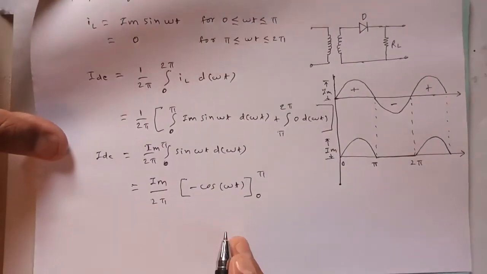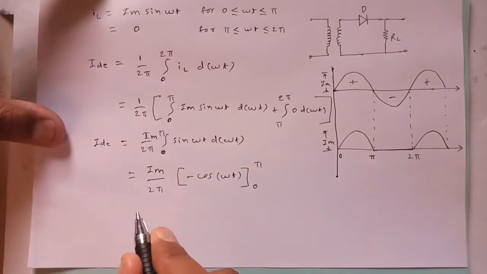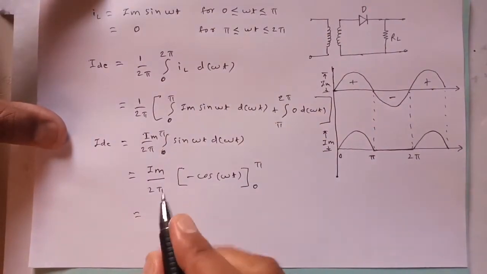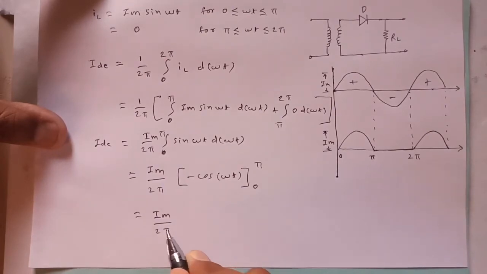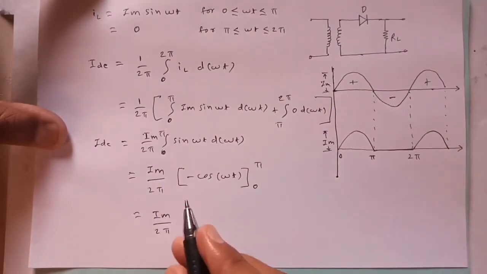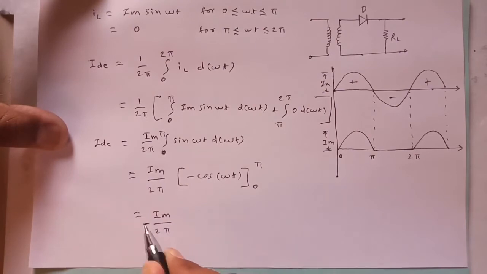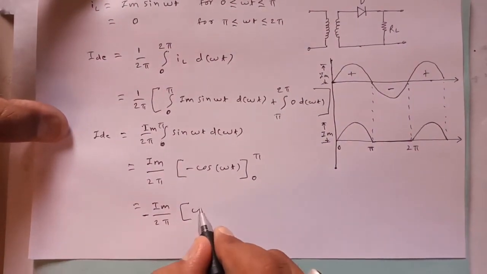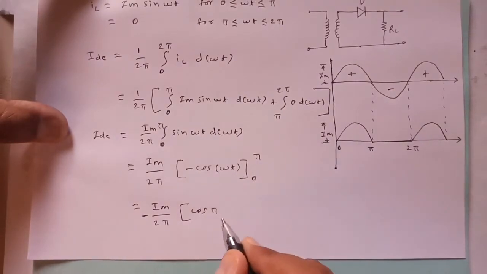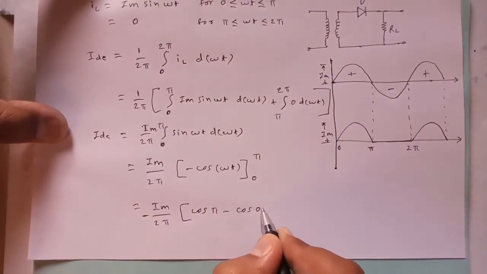So it is Im by 2 pi, and the minus sign I can take outside also, right? So in bracket I am remaining with cos pi minus cos 0.